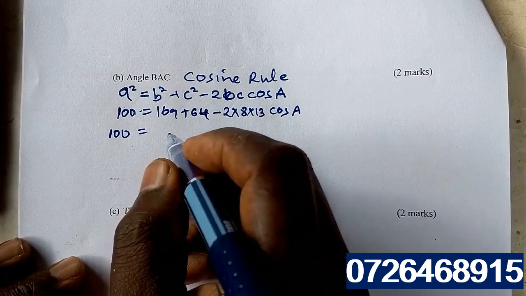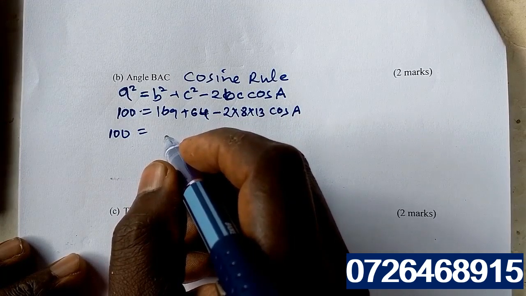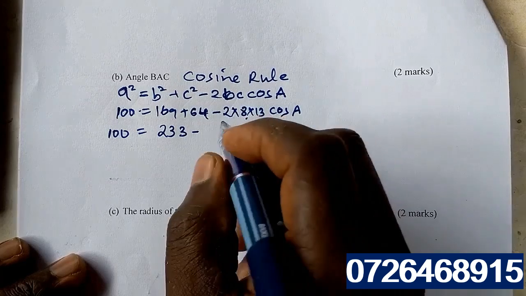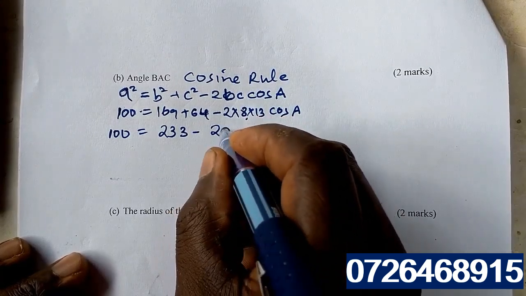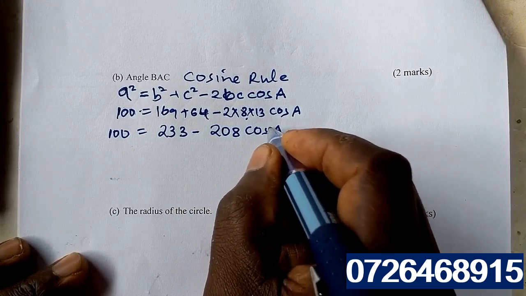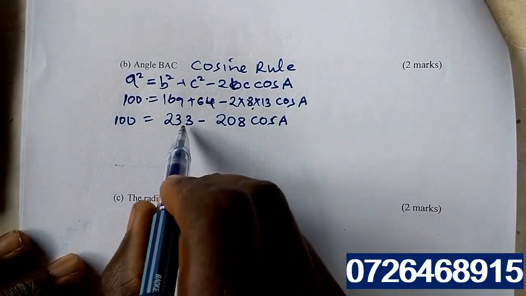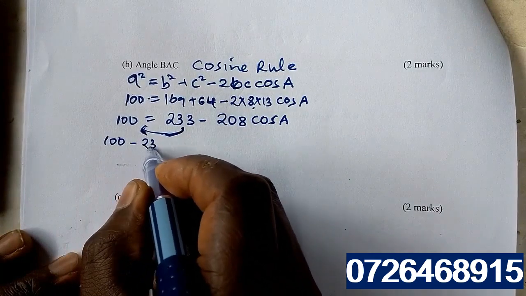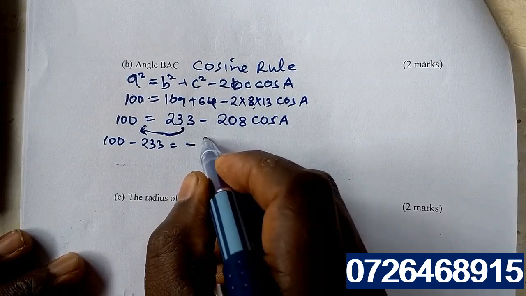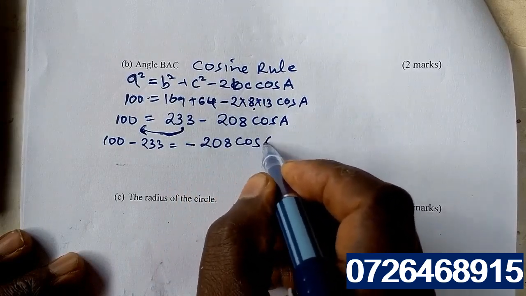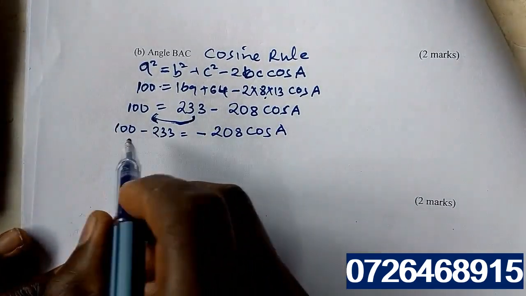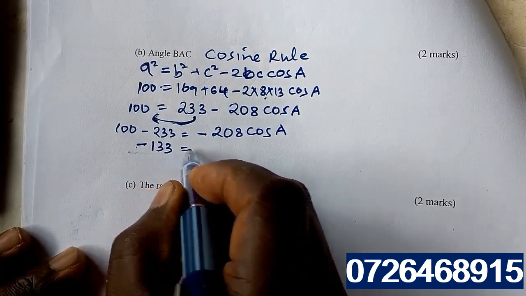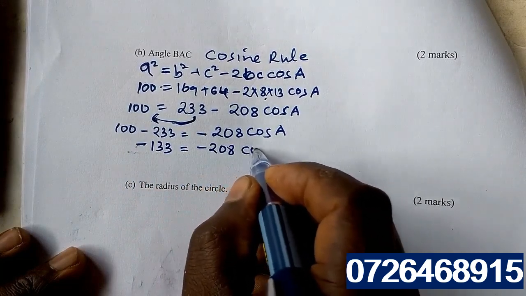It will give us 233 minus this times this times this, it will give us 208 cos A. So let us collect like terms together. We take this to the other side. It will be 100 minus 233 is equal to minus 208 cos A. Now we subtract here, we are going to have minus 133 is equal to minus 208 cos A.